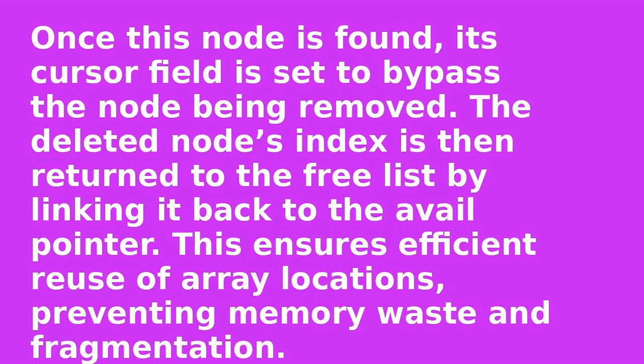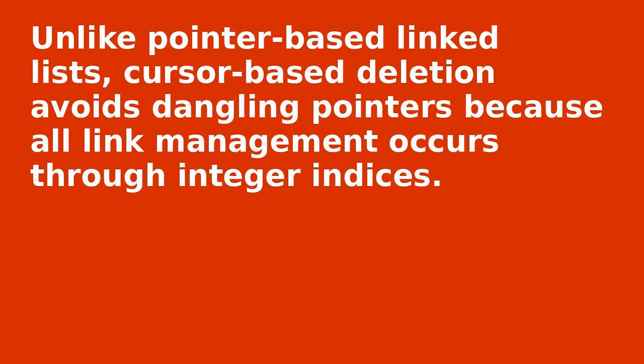Once this node is found, its cursor field is set to bypass the node being removed. The deleted node's index is then returned to the free list by linking it back to the avail pointer. This ensures efficient reuse of array locations, preventing memory waste and fragmentation. Unlike pointer-based linked lists, cursor-based deletion avoids dangling pointers because all link management occurs through integer indices.